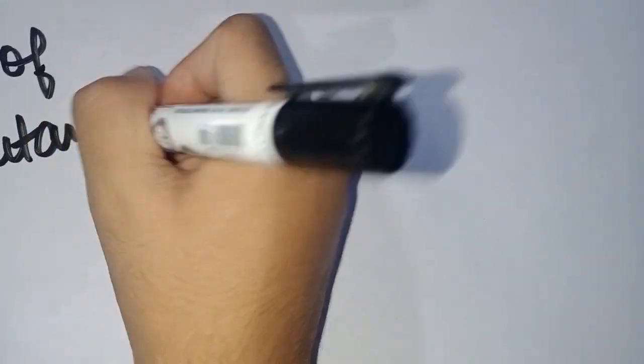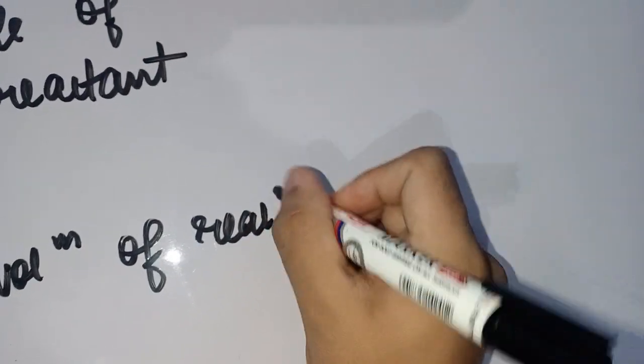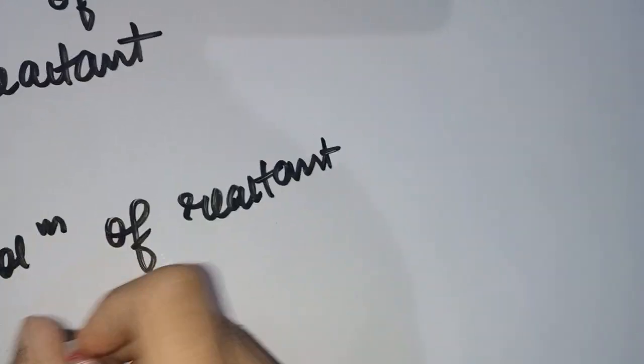Mass of reactant, any of these might be given and any of these might be asked to calculate. Mass of reactant, mole of reactant may be given, and volume of reactant may be given. Volume of reactant, right?